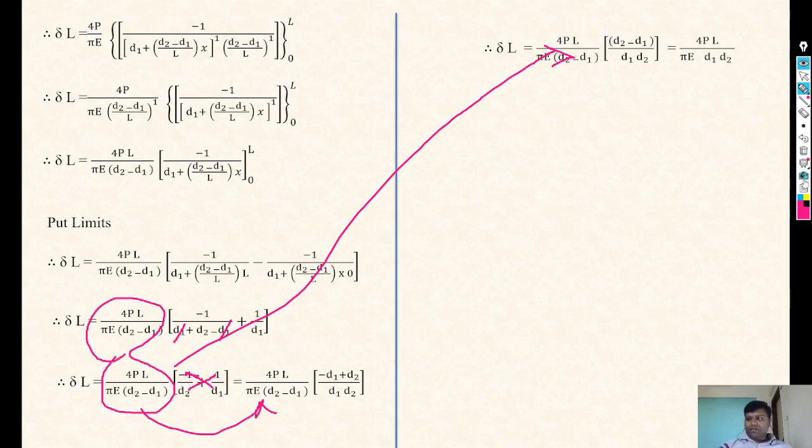Here we can write d2 minus d1, so d2 minus d1 and d2 minus d1 get cancelled, and the remaining term is 4PL by pi E into d1 and d2. This is our final equation for the change in length of a circular tapering section, that is 4PL by pi d1 d2 E.